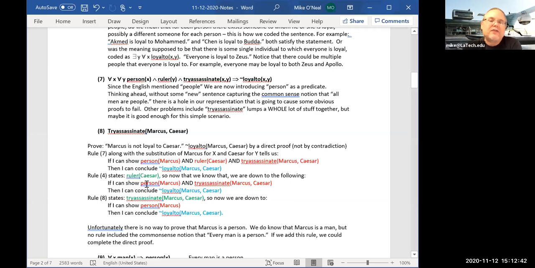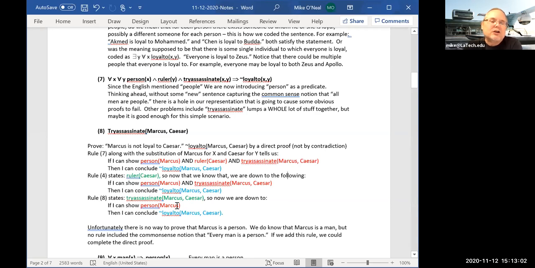Well, I need to prove that Marcus is a person and that Marcus tried to assassinate Caesar. Well, Rule 8 says that Marcus tried to assassinate Caesar. So now I've checked off that Caesar is a ruler and that Marcus tried to assassinate Caesar, so all that's left for me to prove is that Marcus is a person.